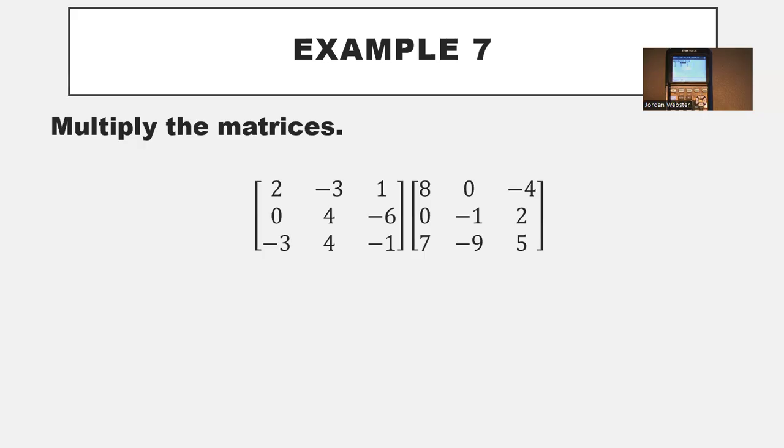Let's use matrix A as the 2, -3, 1. Is that okay? Sorry, I thought I was going to do the second one. Let's do A as 2, -3, 1, 0, 4, -6. So my first entry should have been 2, my second entry will be -3, third entry will be 1, and so on and so forth.